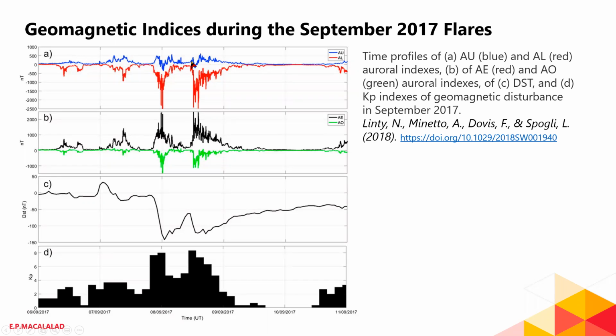It doesn't mean that while there is aurora activity, you can observe that there's already an ongoing geomagnetic storm. A geomagnetic storm is measured by your DST index. So this is the DST index for this flare. It seems it is a very peculiar DST index or geomagnetic storm because at the onset of September 7, you can see the sudden commencement.